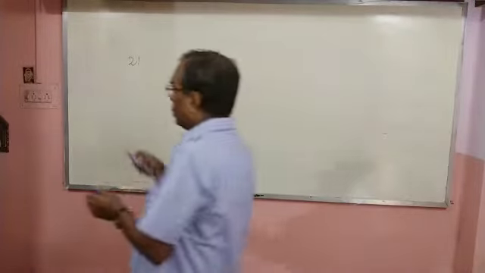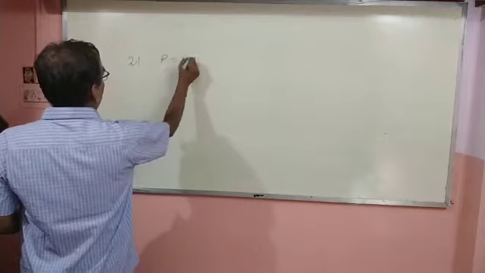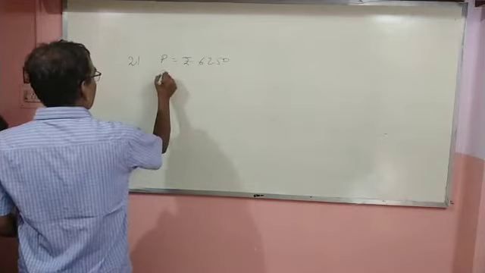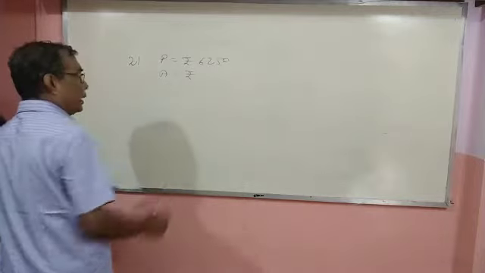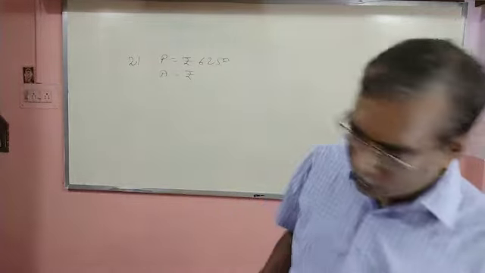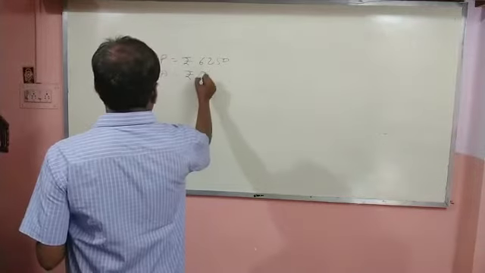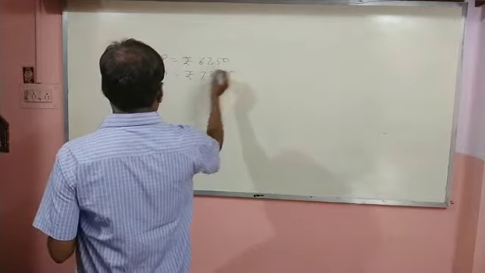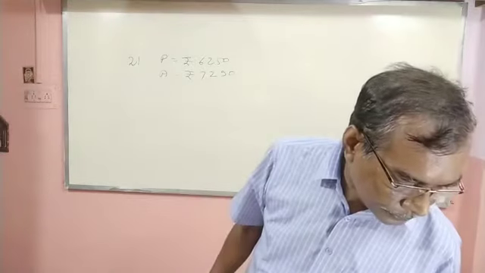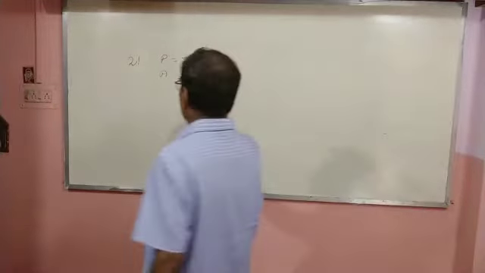So the principal amount is given as 6250, and the amount is given as 7290. The rate is given as 8%.